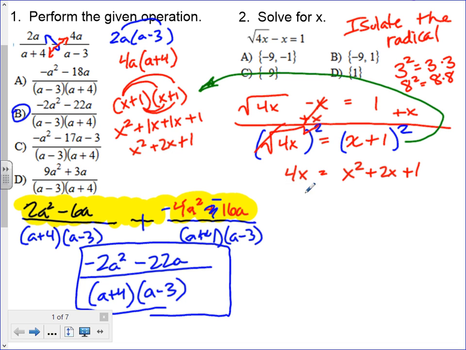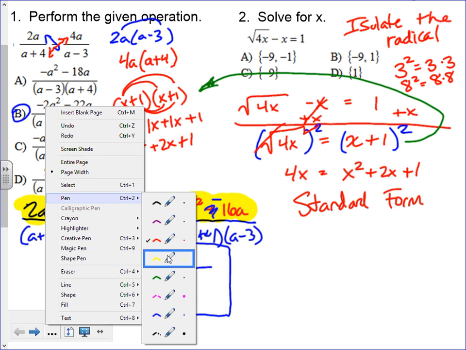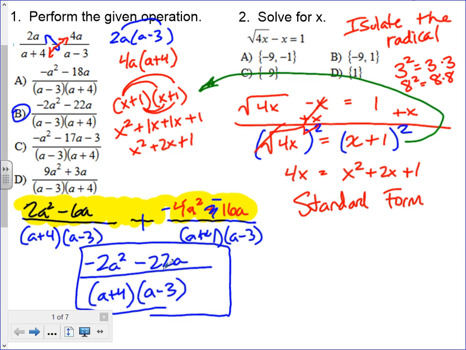Very good. Okay, let's go ahead and put this into standard form. And how are you going to do that? What's the easiest way to do it? Yeah, definitely.